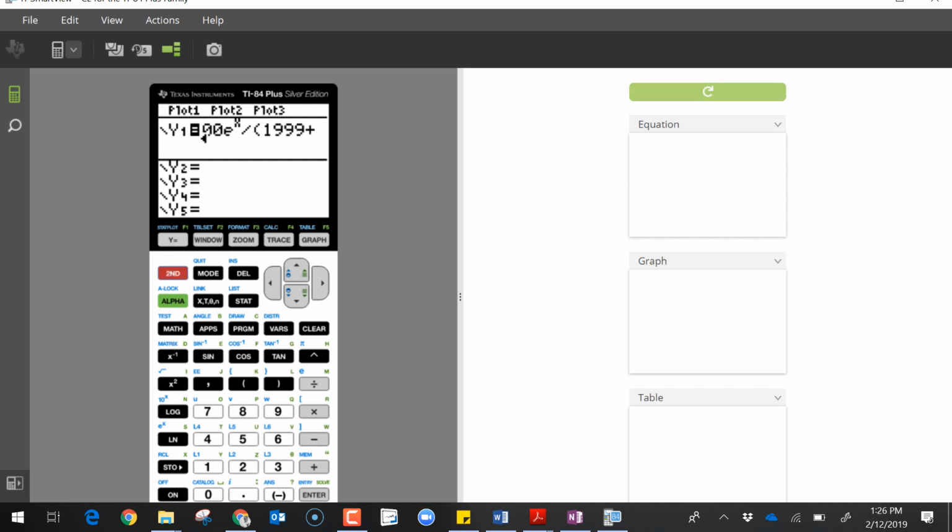There's a shortcut for e to the x, oh, there it goes. It's e to that.